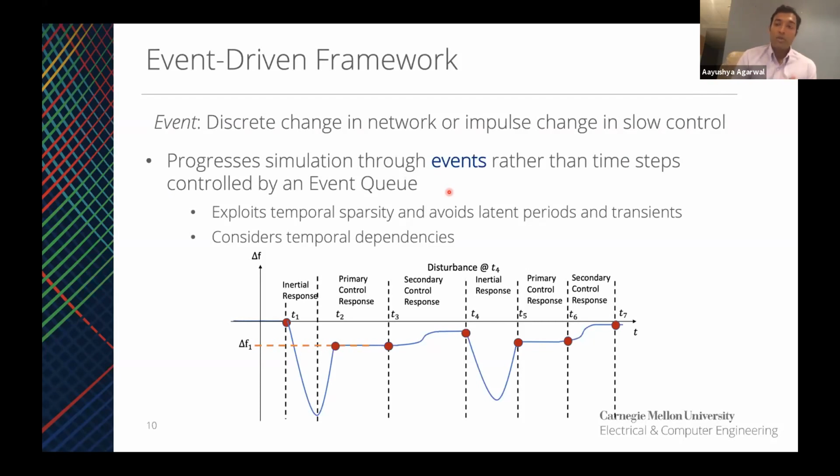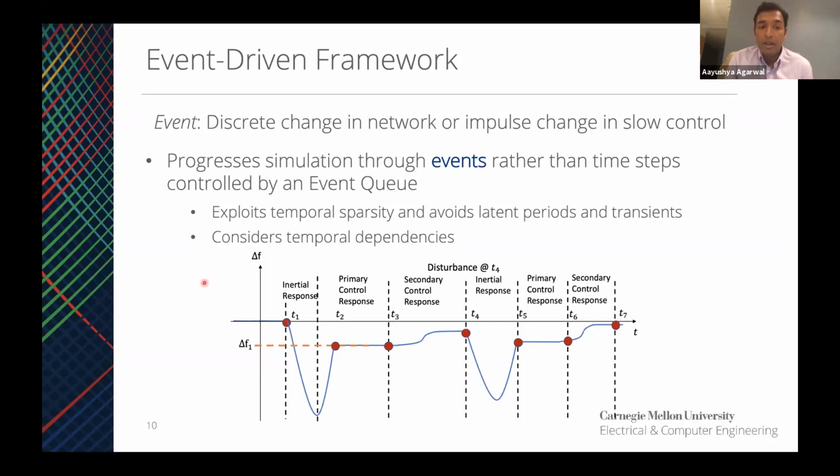And now we're able to progress through time in events rather than time steps. What this allows us to do is avoid things like transients and latent periods, and it exploits the temporal sparsity that's present in the power network. But unlike regular power flow, it considers the temporal dependencies of the order of actions that are happening.